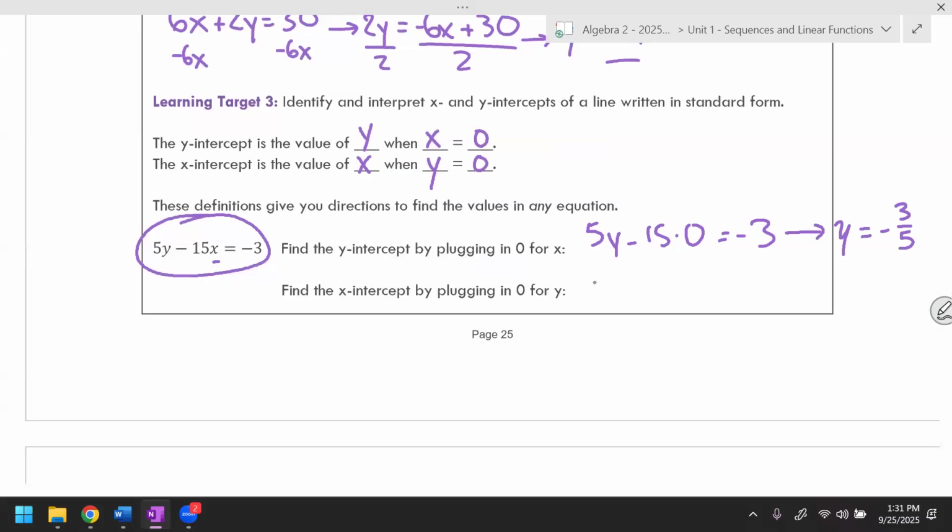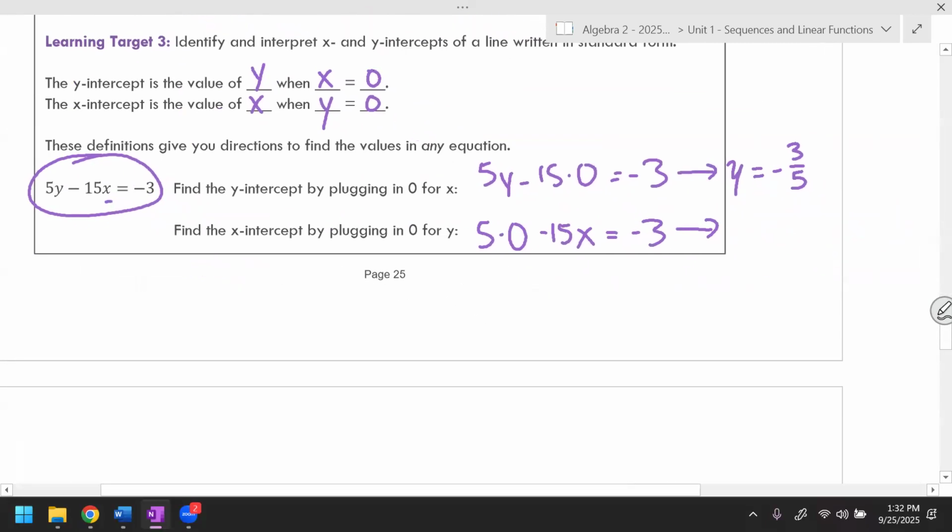Let's do that for our x-intercept as well. This time y will equal 0. 5 times 0 minus 15x equals negative 3. Now what is x? What's our x-intercept? Not 5. You're close, but flip it the other way.